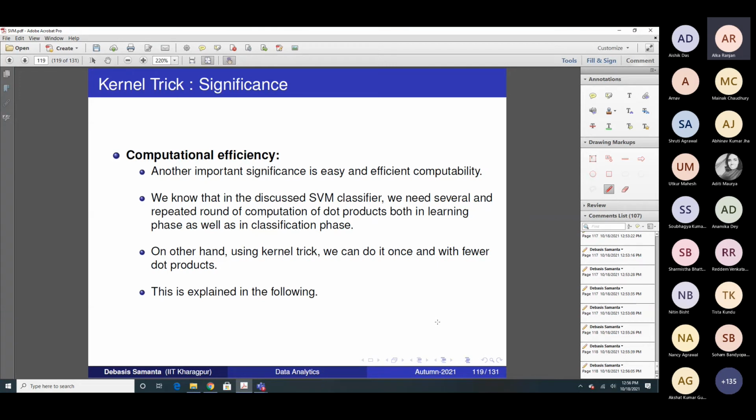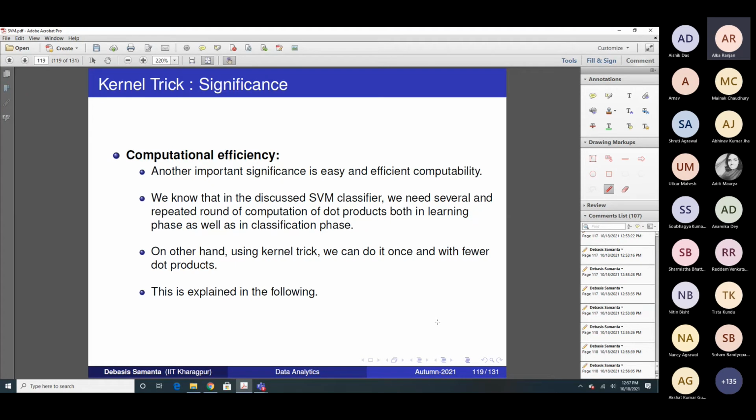But we are doing this nonlinear input mapping because we want to apply the linear SVM. Again, I am telling you, the linear SVM can be used to solve the nonlinear SVM problem. So no nonlinear input mapping is required, and we can solve the nonlinear problem using the linear SVM only. So those are two advantages.